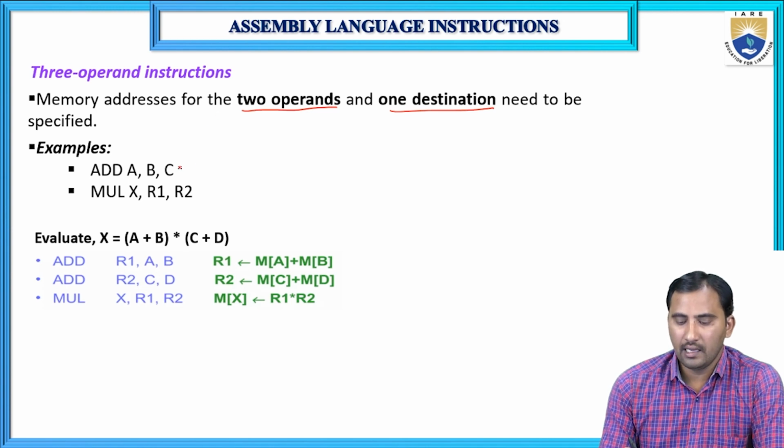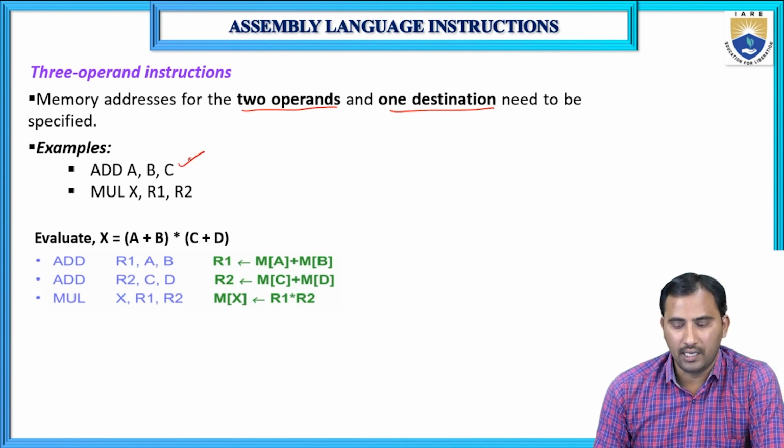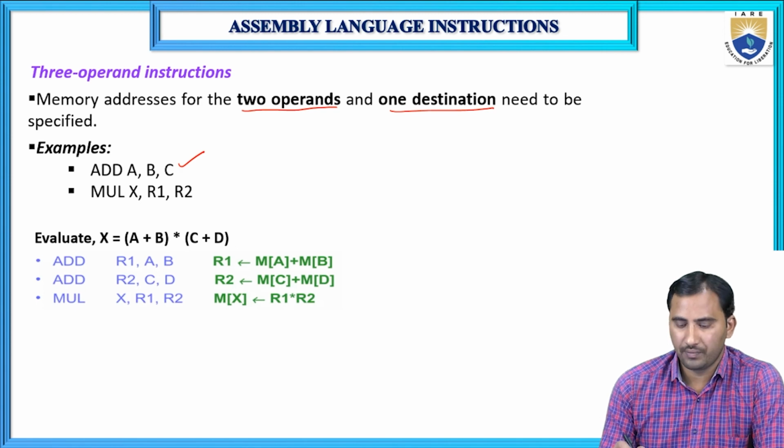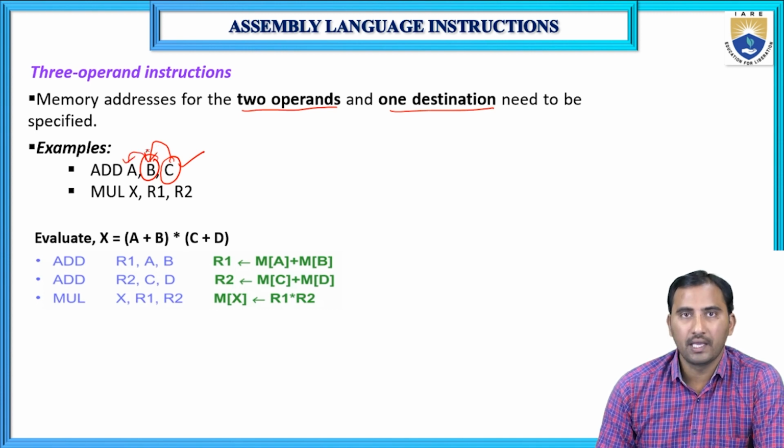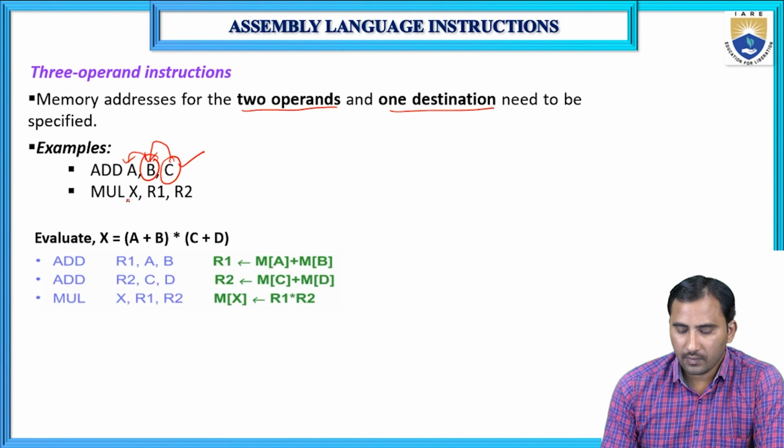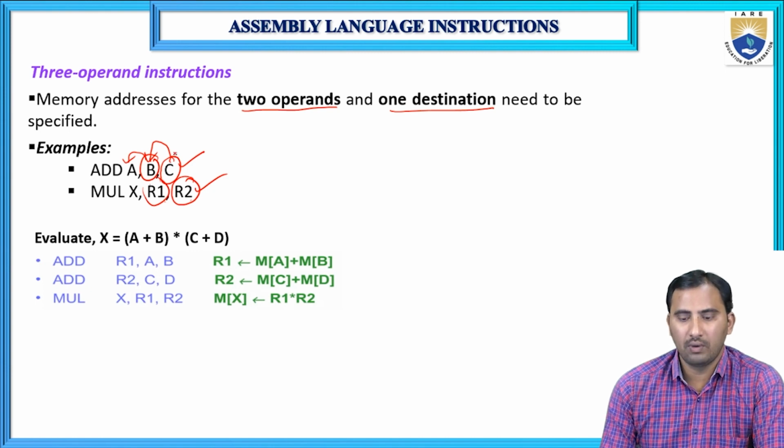Example, add A comma B comma C. That means the contents of C will be added with the B register, and finally that result will be stored in the register A. Next, mul X comma R1 comma R2. Here the contents of the R2 register are multiplied with the R1 register. Finally the result will be stored in the register X.